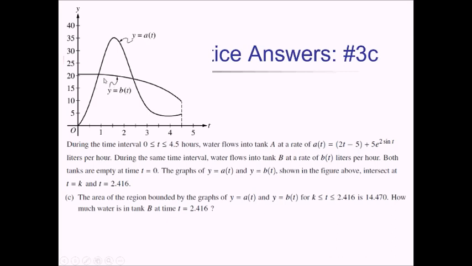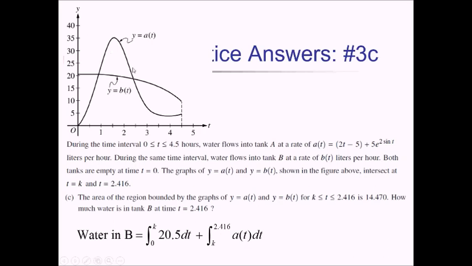First, let me take care of the area under b between 0 and k. That's just going to be the integral from 0 to k of 20.5 dt. So that takes care of this area. But now we need this other area here. To get that, I'm going to start with the area that I know, or at least I can find, the area under the a function. So I'm going to get that by adding the integral from k, which I've already got stored from part B, to 2.416 of a of t dt.